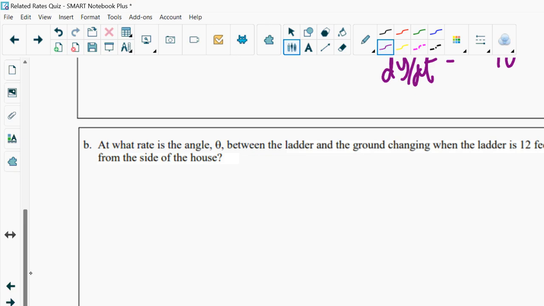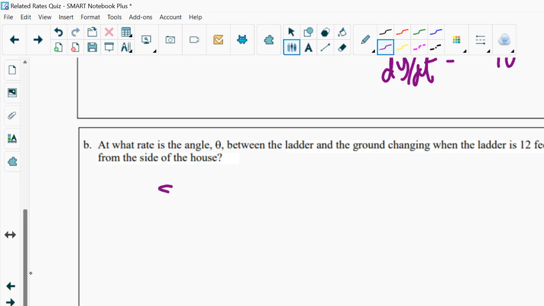You really needed to put the variable in there. Some of you I gave a half a point because you at least attempted to write a trig equation, but if you didn't have the variables correct, then I maybe only gave you a half a point instead of a point. You really could have written sine, cosine, or tangent. I guess you probably could have written secant, cosecant, or cotangent as well, because we have all sides, we have all the rates, so you really could do any of them that you want.